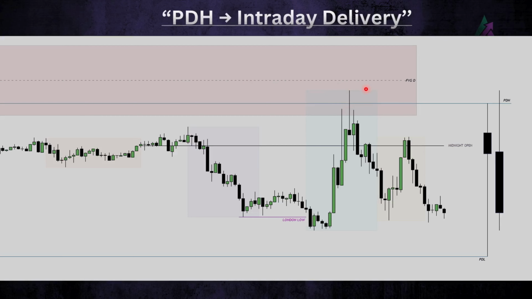So across the day, Asia consolidates, London trades lower, and New York creates low of the day before price delivers higher. Now, this is a kind of daily profile or daily delivery profile you start to recognize when you stop chasing moves and let the algorithm show its hand.